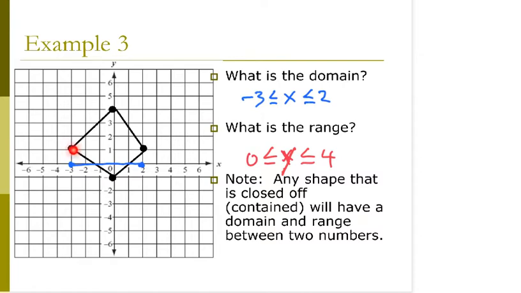This point is included as a part of the domain because it has a value here. So we have to put an or equal to as a part of our domain. Same thing here. This point is included, so we have to put an or equal to right next to the 2. If it weren't included, it would have a hole right here and right here, and we would not write this line down at the bottom. But we'll see some examples of that later.